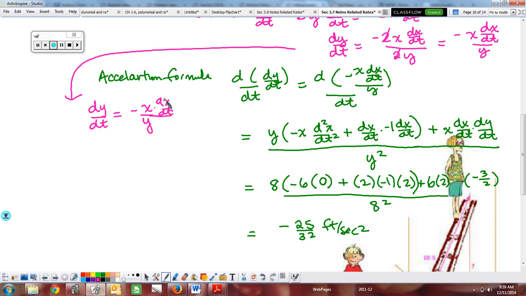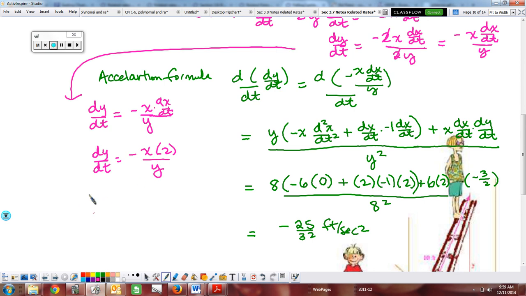For this problem, dx dt was constant. It was 2. It's not going to change no matter what we're doing in the problem. It's always 2. So to make this an easier problem, what we could have done is plug in the 2 here, because it was a constant rate for the entire problem, and then that makes our derivative a little easier.